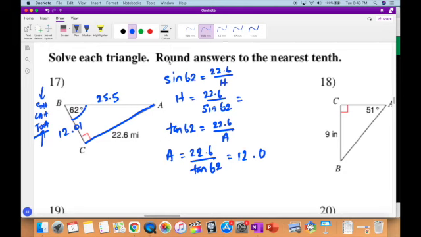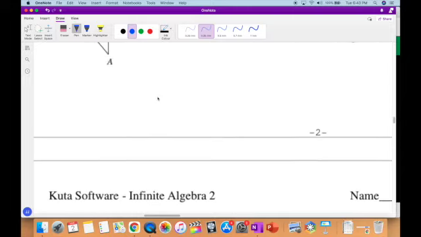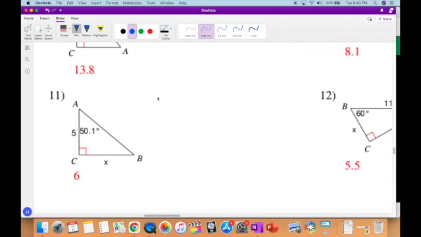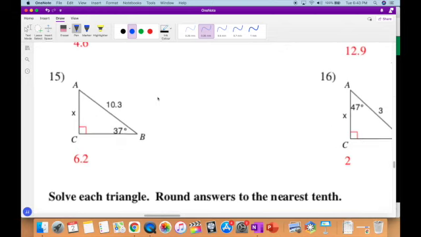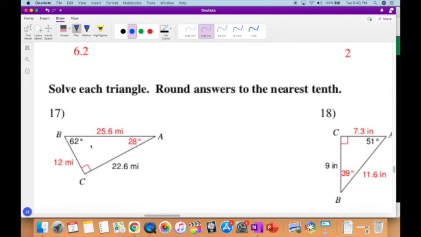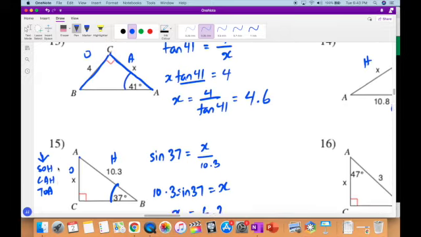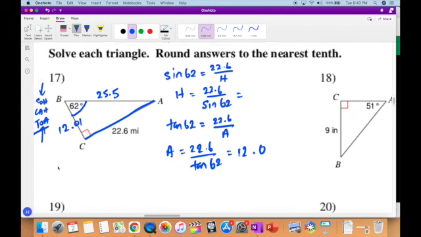How about you, Shazin? You got 25 and 12? I got 25.6. Yeah, 25.6 and 12 here, right? So I was just checking to see if my answers were correct. Next thing you know, I make a mistake, right?